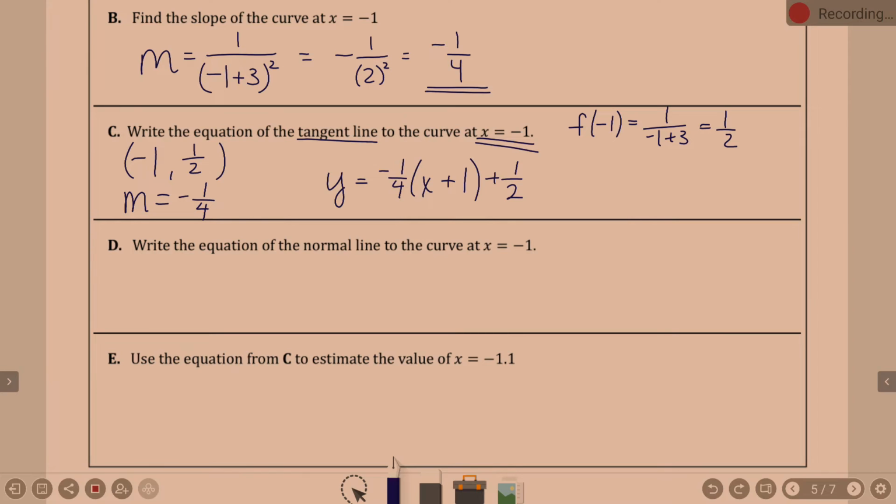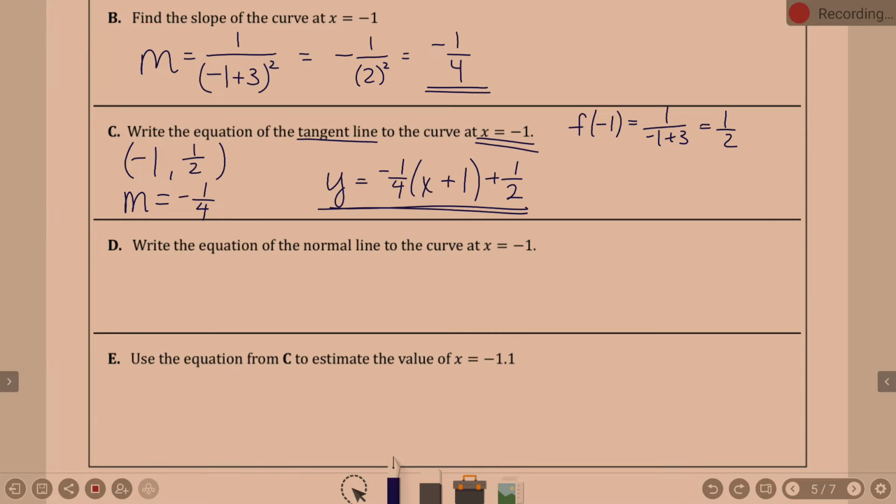I wasn't ready to answer that question. Okay, so we use the adapted point slope form, yes? You could still technically have said y minus 1/2 equals -1/4 times (x plus 1). That's okay as well. There's nothing that says you have to do this. There are just certain advantages to it. Okay, you good with that one? That's the equation of the tangent line.